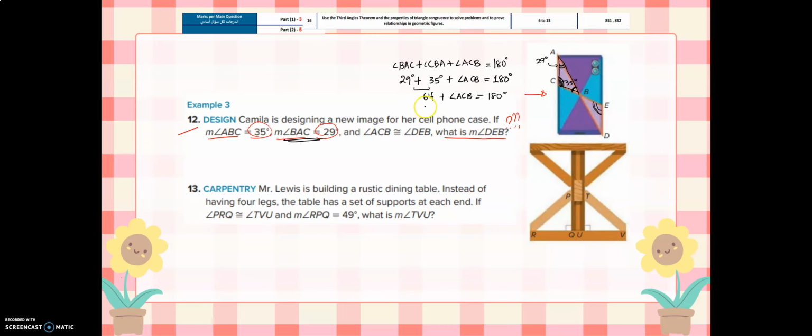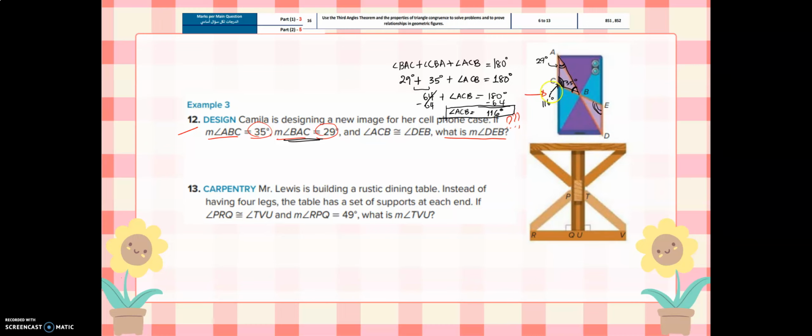So by the subtraction property of equality, you have to subtract both sides by 64. So we have here angle ACB is equal to 180 minus 64. This is equal to 116 degrees. Okay, so the measure of angle ACB, this angle, is equal to 116 degrees.